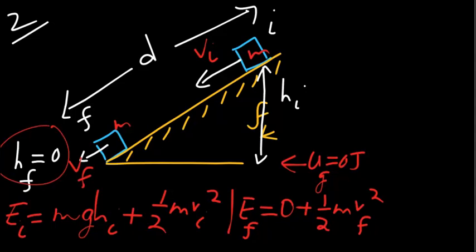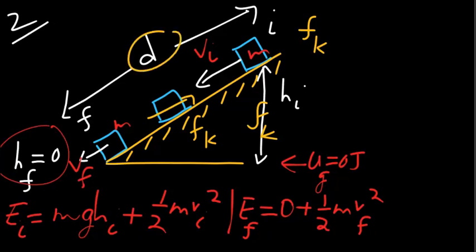One other thing to note is that as the object is sliding down, it is subjected to kinetic friction opposing the motion. That means this kinetic friction is doing some work as the object slides the entire distance d. The magnitude of work done by friction is the kinetic friction times the distance over which the friction acts. So this is the magnitude of the work done by that kinetic friction.